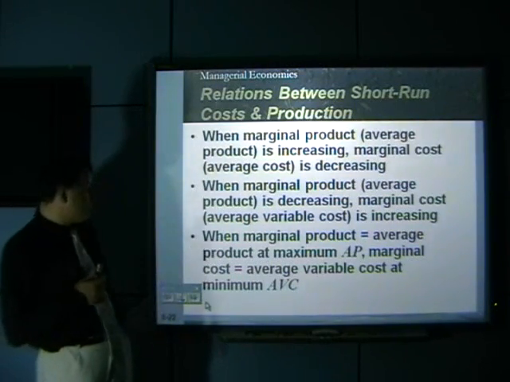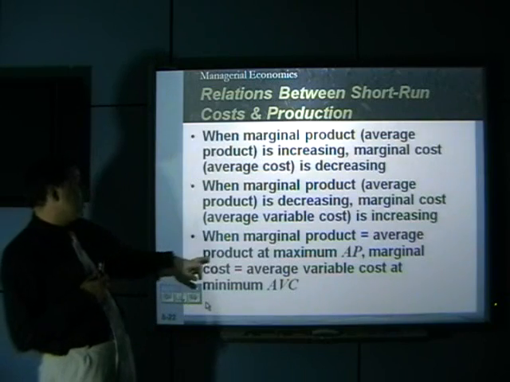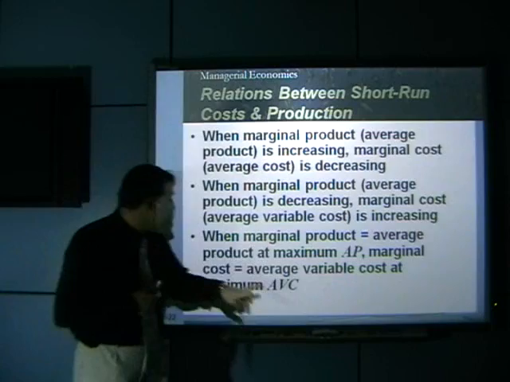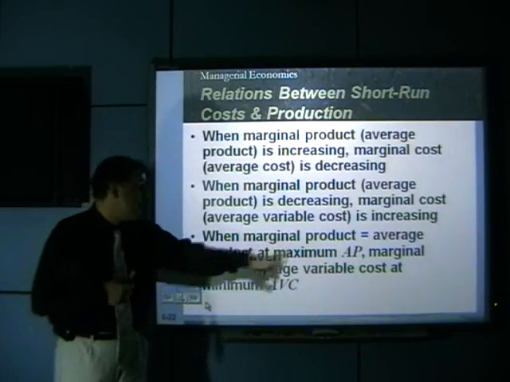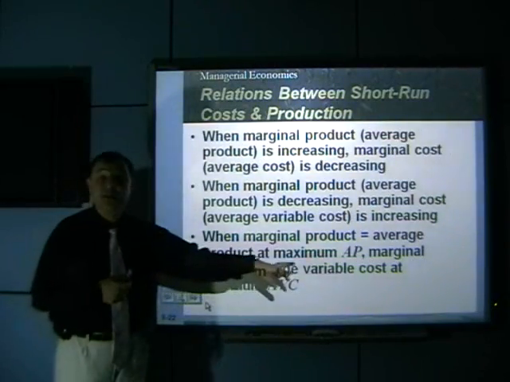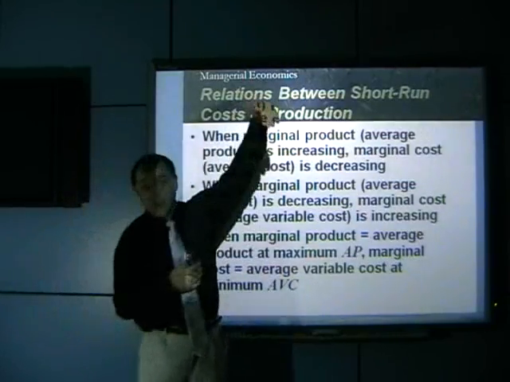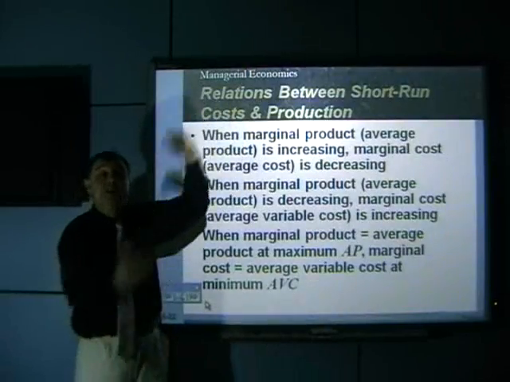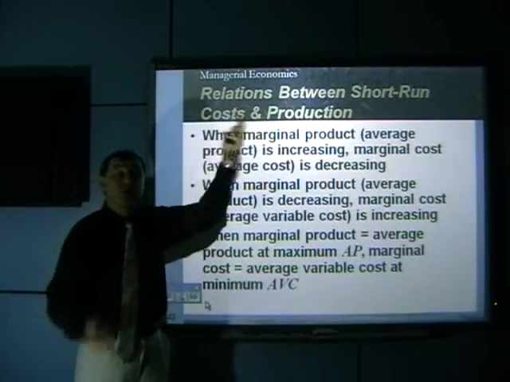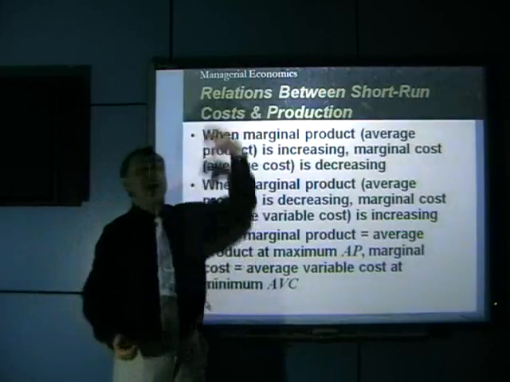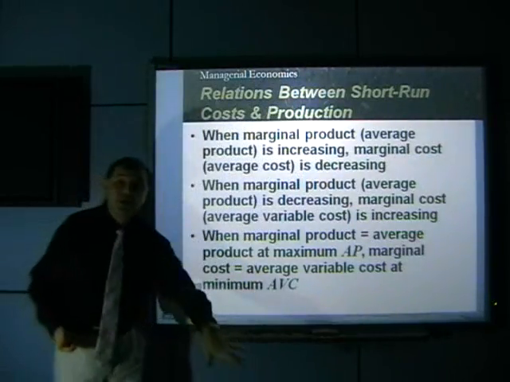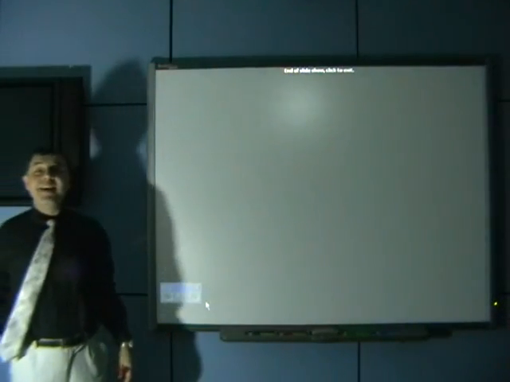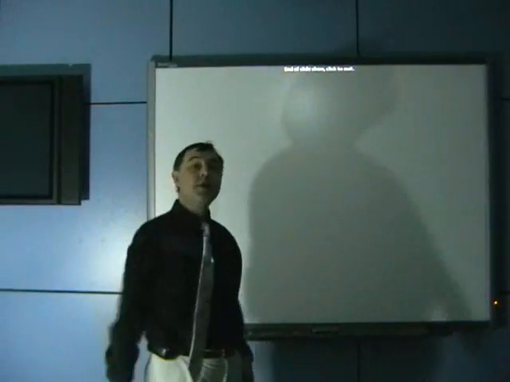So when marginal product equals the average product at the maximum AP, the marginal cost is at its minimum. When one is reaching the peak, the other is reaching the trough. The maximum and the minimum correspond to each other. Maximum efficiency necessarily corresponds to lowest cost. Wow! End of the story. You can turn this off.